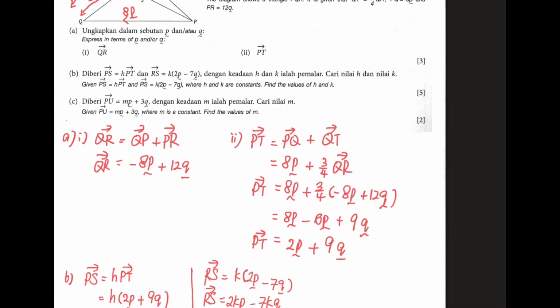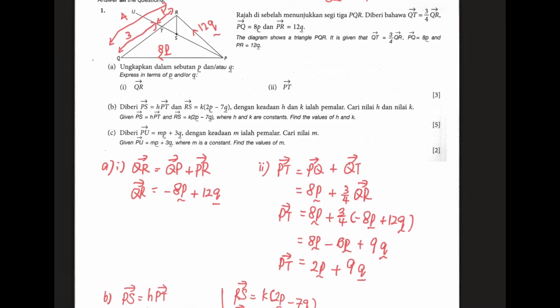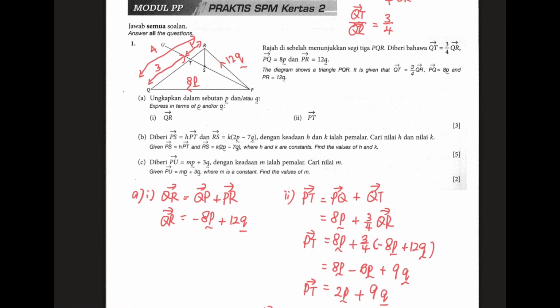Okay. Now we look at part C. Given PU equal to MP plus 3Q. Okay, let's take a look at the diagram.